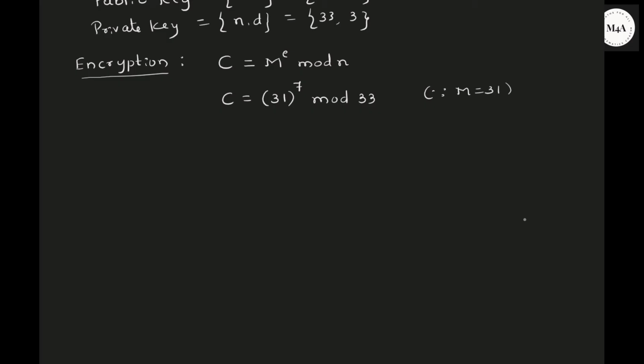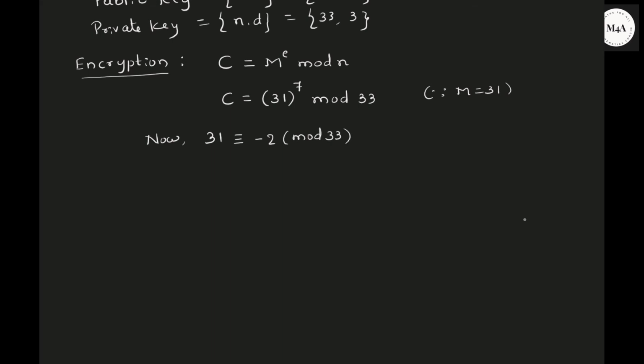Now I want to simplify this. So we'll take 31. When 31 is divided by 33, what will you get? Minus 2 mod 33.